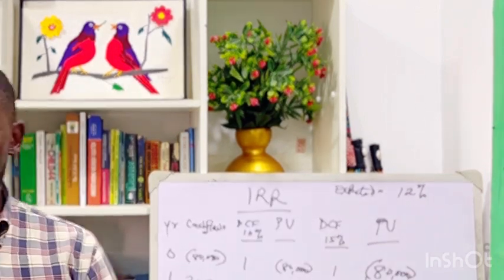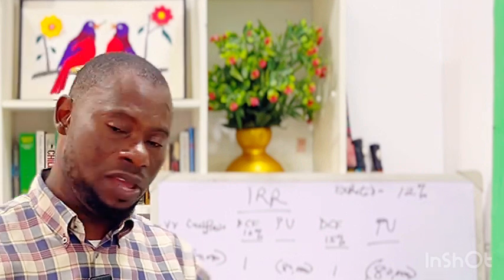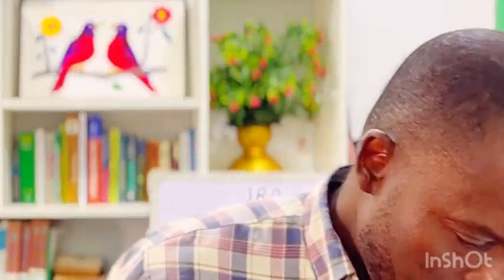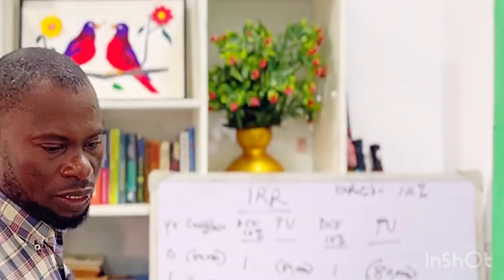And I told you that the interpolation needs a positive NPV and a negative NPV before we can successfully do our interpolation. And that is the most reliable. Where you have a negative NPV and another negative NPV, when you interpolate, your result is very much less reliable. And then for the other one, we have a negative, which is 5,920.